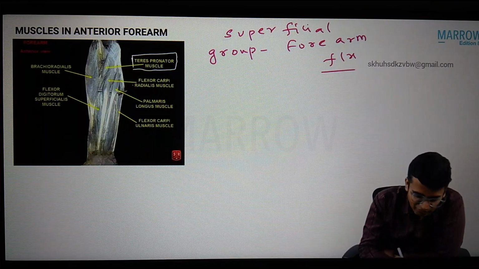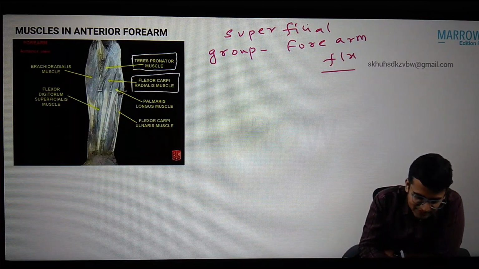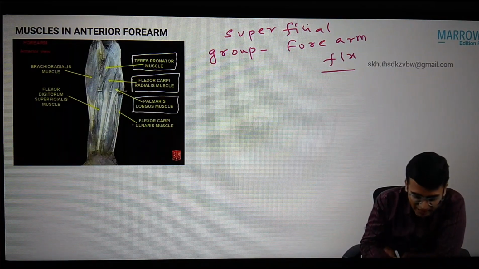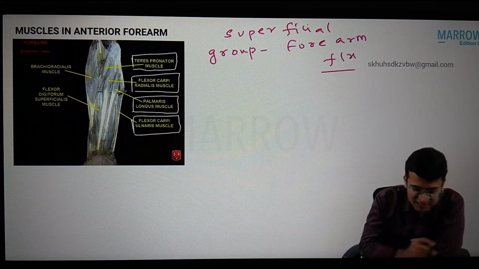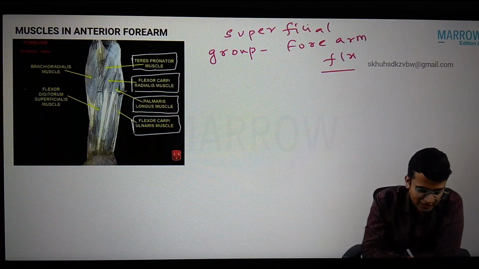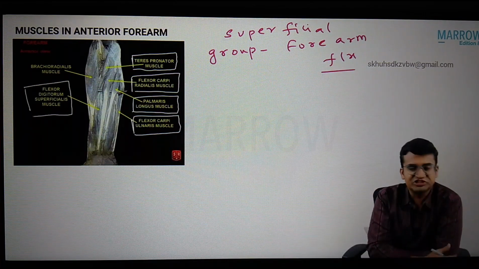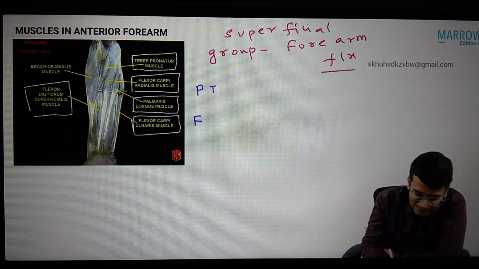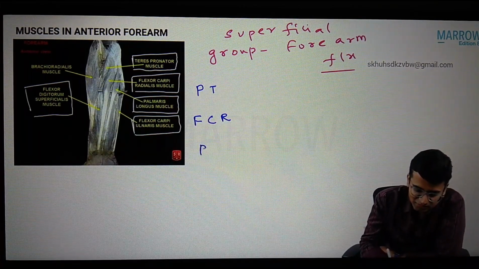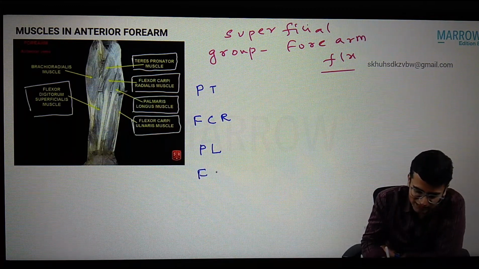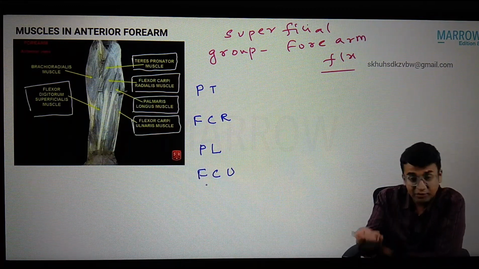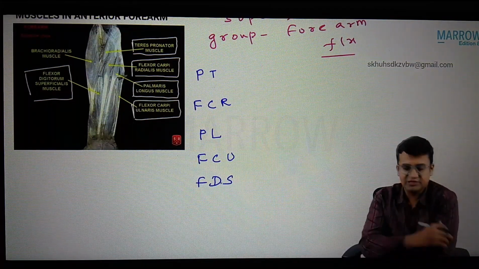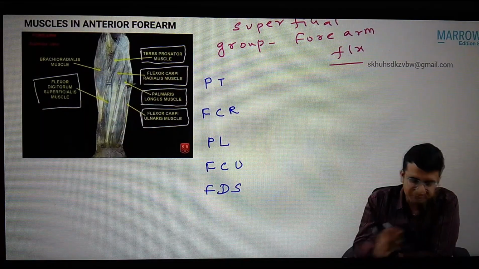Then flexor carpi radialis, then palmaris longus muscle, then flexor carpi ulnaris muscle. Just below that, we have flexor digitorum superficialis, the FDS muscle. So these are the muscles in the superficial layer.